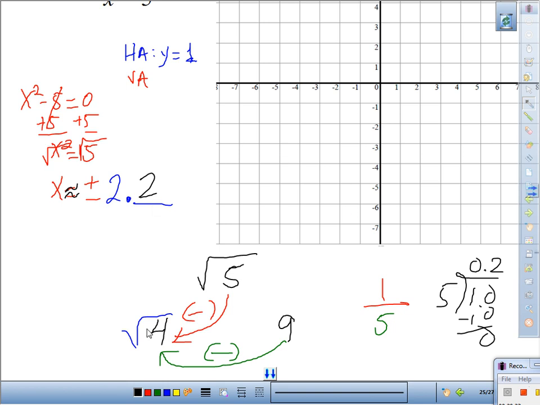All right, let's plot those asymptotes. 2.2 is about right there, approximately. Negative 2.2 is approximately right there. And our horizontal asymptote is y equals 1.